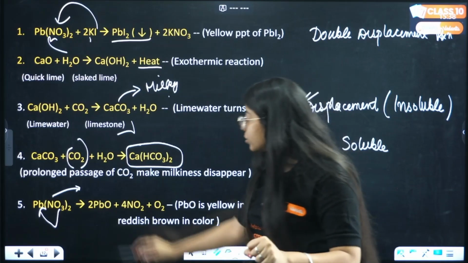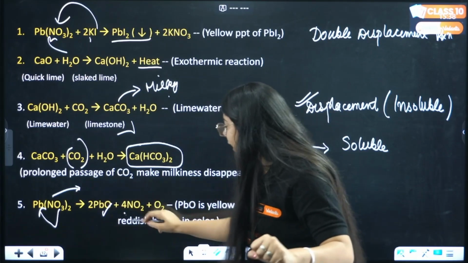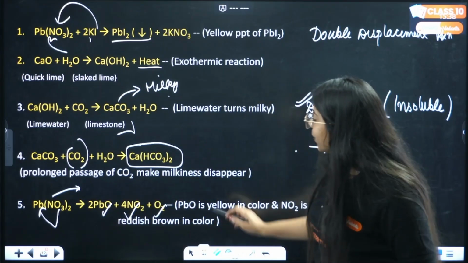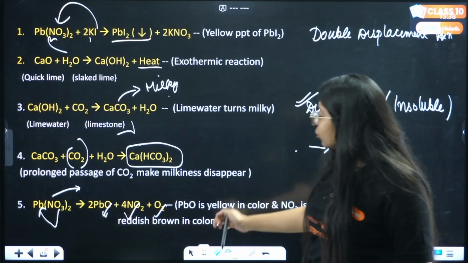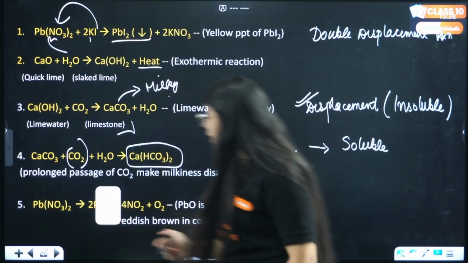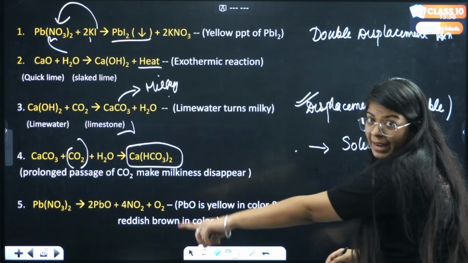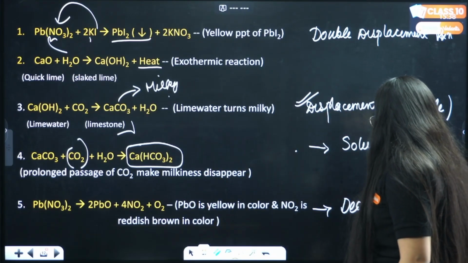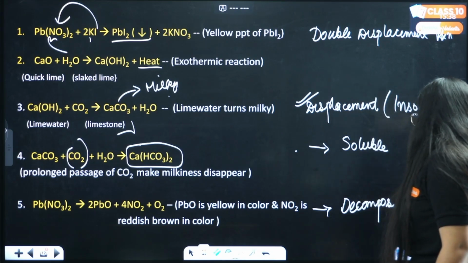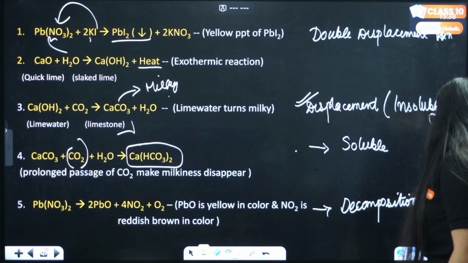So lead oxide, 4NO2 plus O2. Now this PbO is yellow in color and NO2 is reddish brown in color. And since there is only one reactant and so many products, this is called a decomposition reaction.